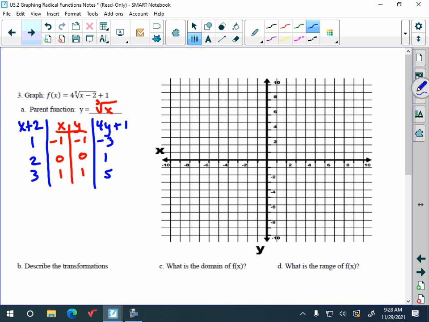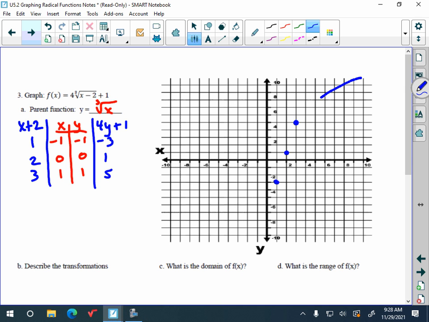Now we just plot those points. So (1, -3), (2, 1), (3, 5). Again, this is a cube root, so we have to remember what the shape looks like.